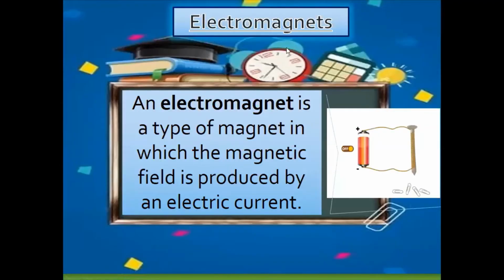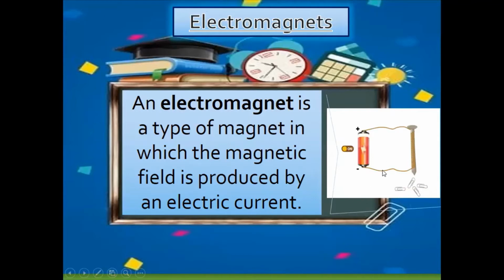Electromagnets are like 2 very big forces joined together. An electromagnet is a type of magnet in which the magnetic field is produced by an electric current.